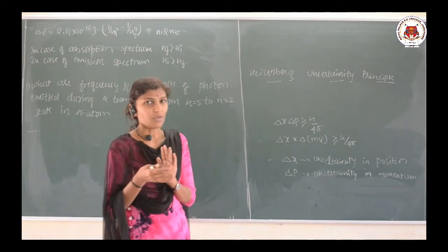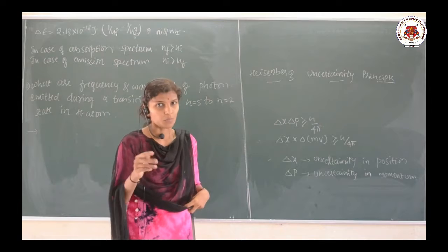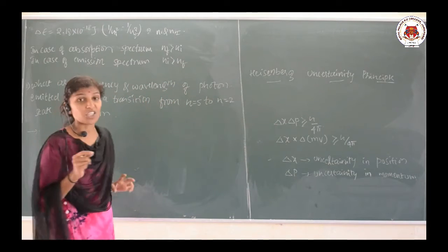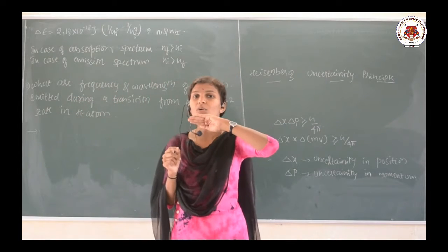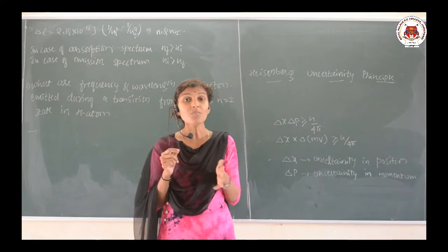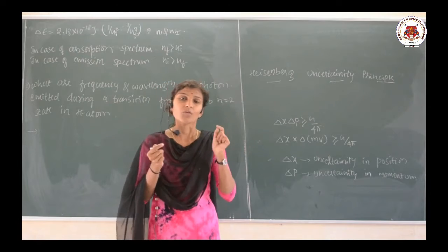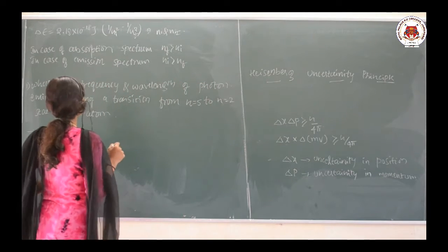In last class we discussed a few problems. In today's class I want to give you one more problem where a transition takes place, meaning the electron travels from one energy level to another. During that time, what type of questions they ask in the numericals and what you need to apply there. So let us start the problem.